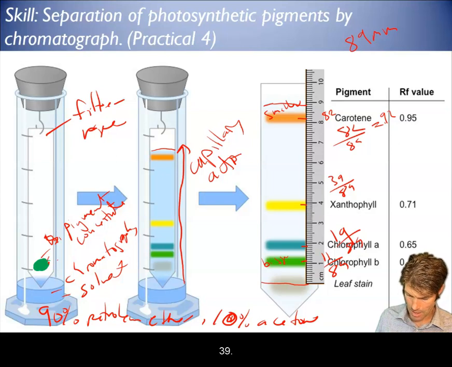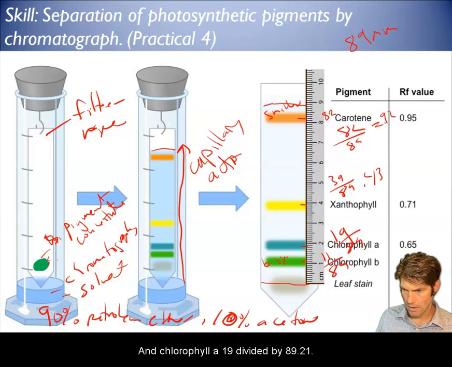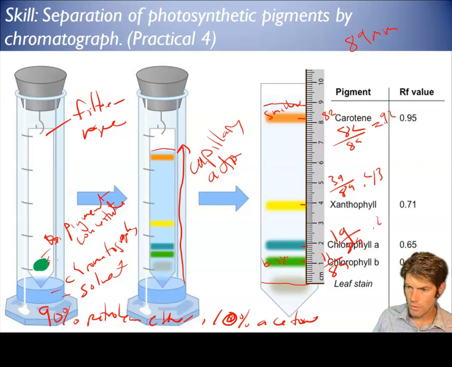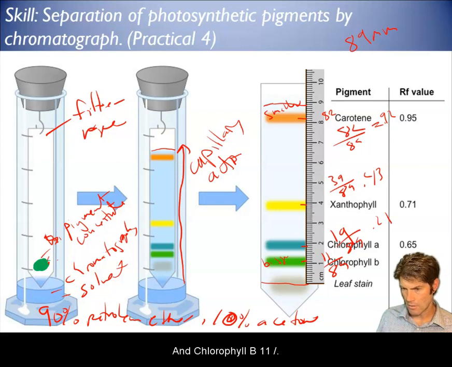And 39 divided by 89, remember, you're always using that 89. This gives me 0.43, which is about right. It's about half, right? And chlorophyll A, 19 divided by 89, 0.21, and chlorophyll B, 11 divided by 89, 0.12.